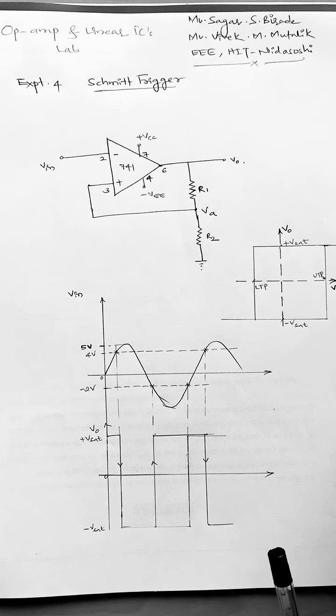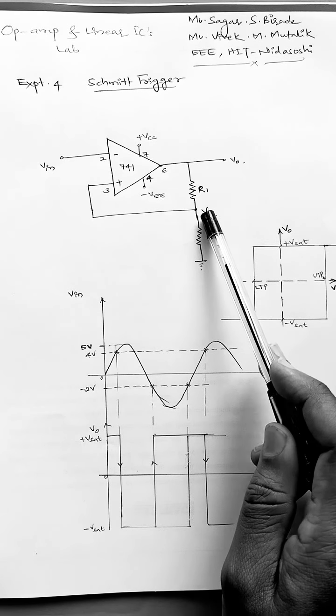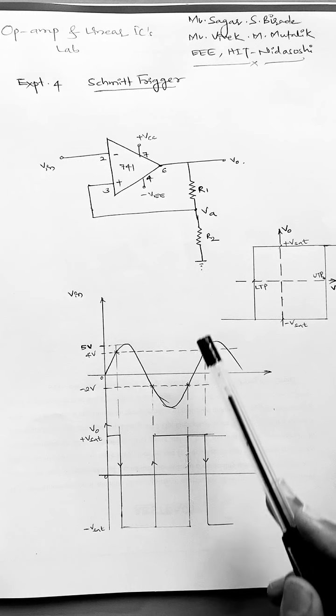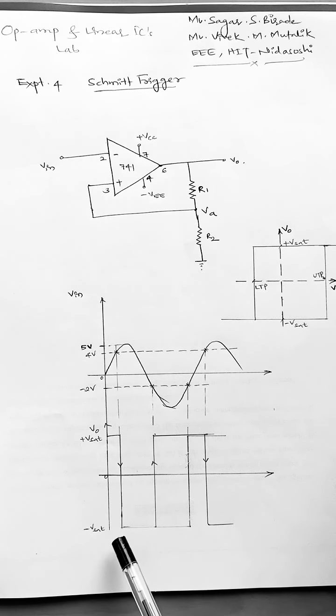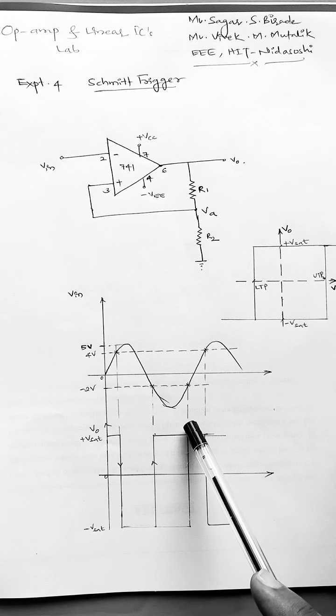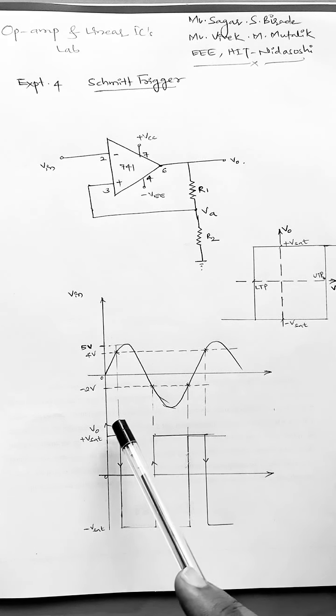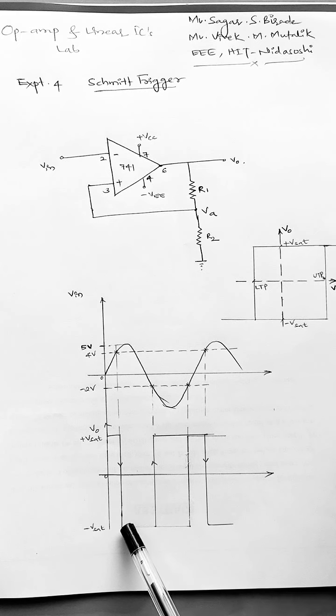Say when the input is greater than VA, in such case output shifts from minus V saturation to plus V saturation. And when the input is less than VA, then output shifts from plus V saturation to minus V saturation.